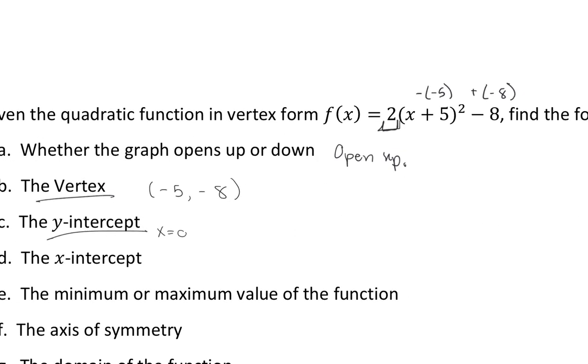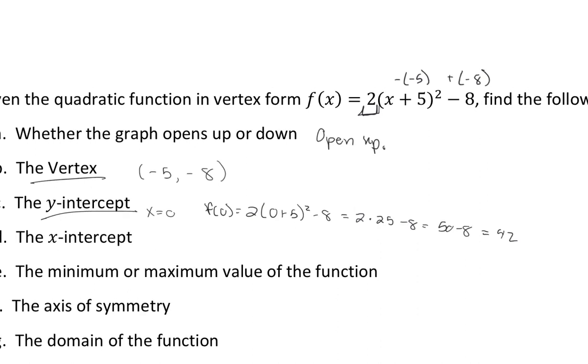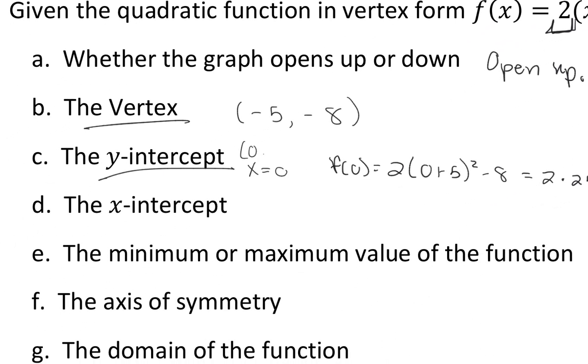So f of 0 looks like 2 times 0 plus 5 squared minus 8, which is the same as 2 times 25 minus 8, or 50 minus 8, or 42. So that y-intercept is going to be 0, 42.